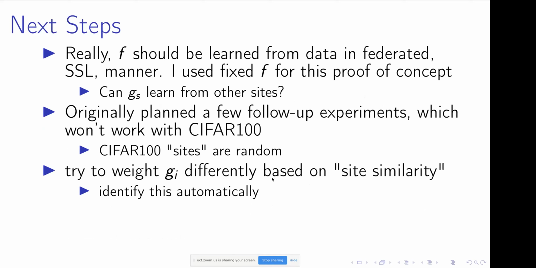I wanted to use this as a test, get some results, and if it looked good, then I was going to try and get more genuine data sets and find a way to use the similarity between sites. So for a certain embedding, let's say site 5 is really similar to site 3.